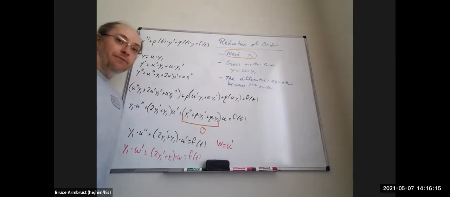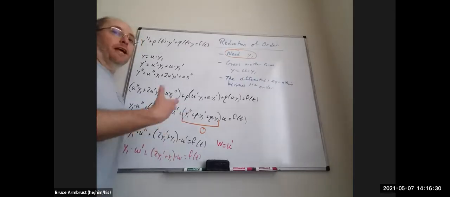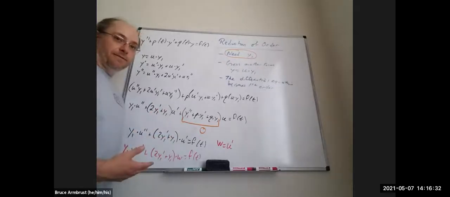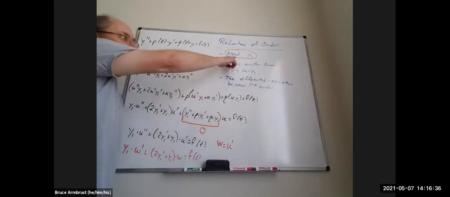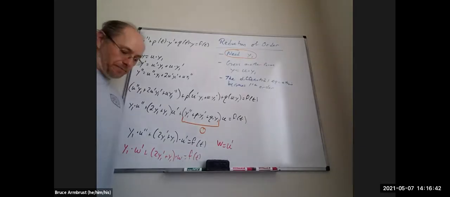Okay? But if we can find a solution or given a solution, then yeah, we're good. Okay, so it's not like this is just a miracle and, oh, hey, look, we can always reduce order. No, we definitely have to know something to do it. But if we're in that situation where we do know an answer, we can actually make our life a lot easier.